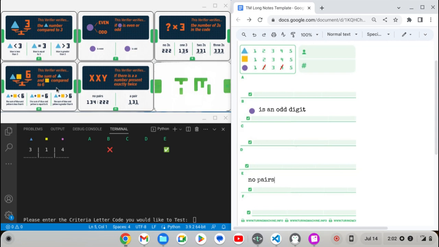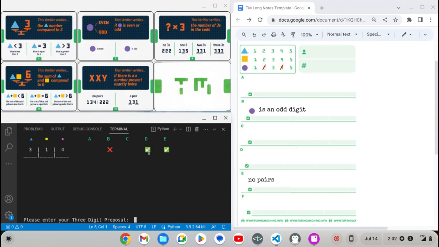Let's go ahead and test criteria card D and see if we can figure out something about the triangle and square digits. So let's test D. Okay, so it does approve of my proposal. So the first 2 digits I have are 3 and 1. Their sum is 4.